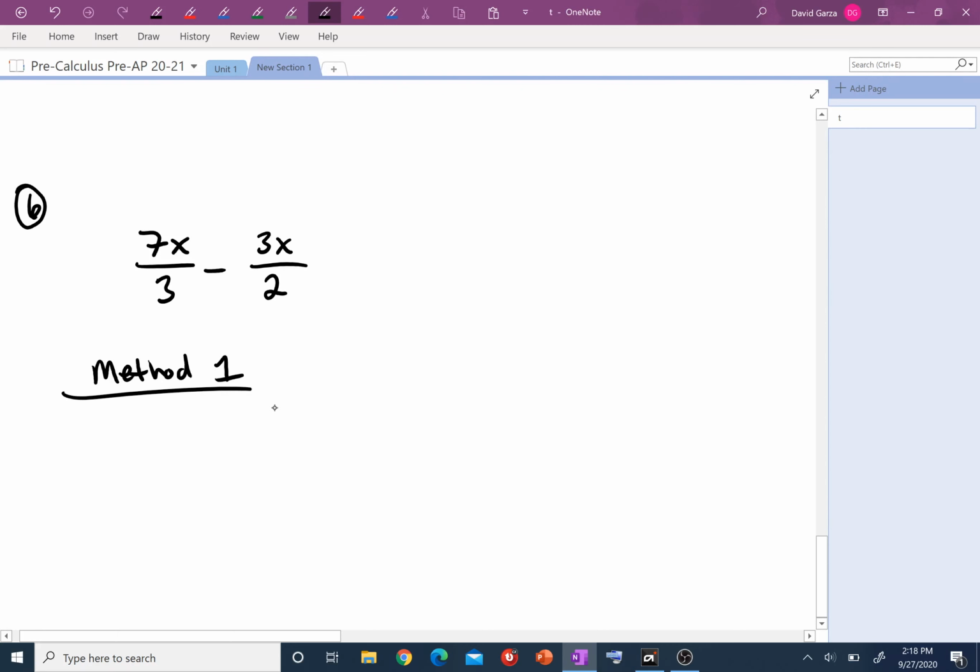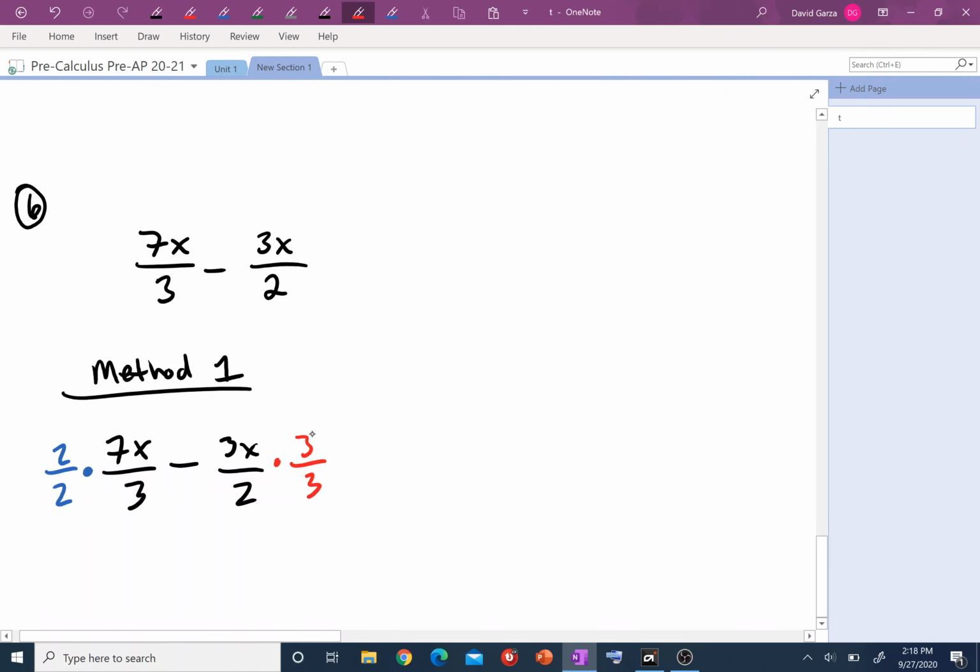There are similarities here, which is 7. Let's look at the left-hand side and the right-hand side. So I know that 3 and 2 don't really have anything in common. In other words, 2 doesn't go into 3 without giving you a fraction, right? So now let's multiply this side by 2 over 2, and then the left side I'm going to multiply by the term at the bottom, so 3 over 3.